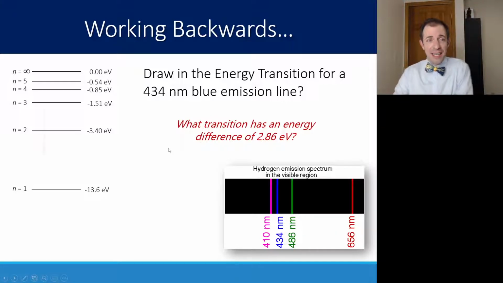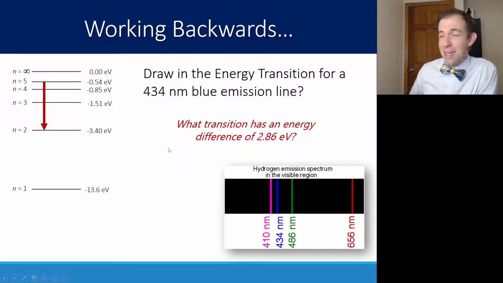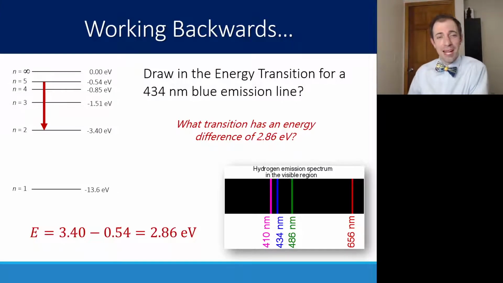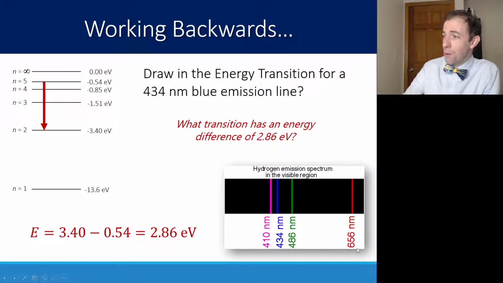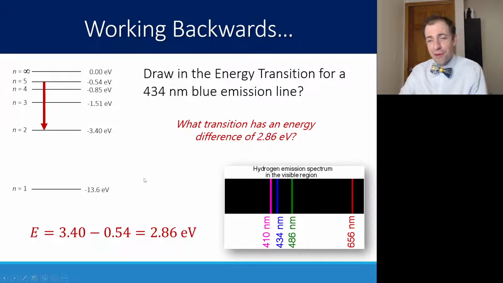Well, in this case, that is energy level 5 down to energy level 2 because 3.4 minus 0.54 is 2.86 electron volts, which we calculated before is the energy that is associated with the wavelength of 434 nanometers.